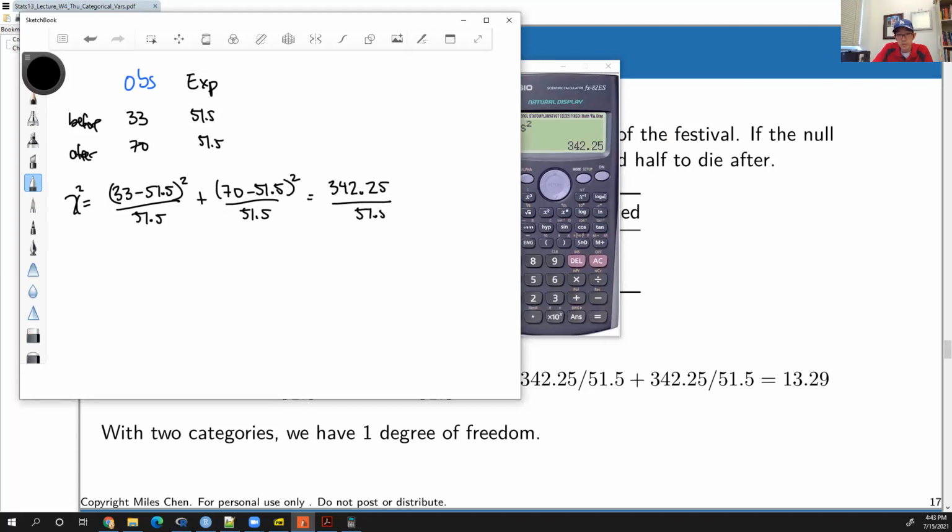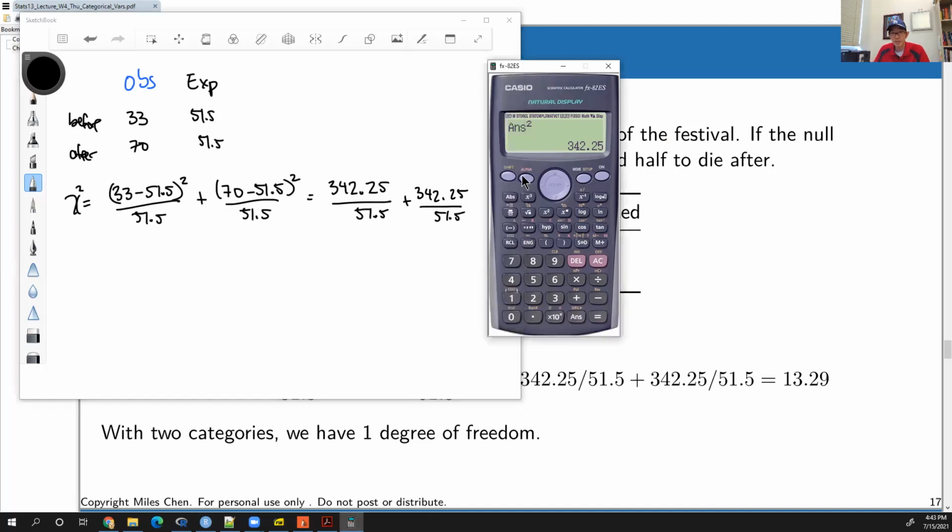Divided by 51.5, plus, because they have to add up, right? If I do 70 minus 51.5, I'm going to get the same thing, and I square it, I'm going to get the same thing, okay? 342.25.